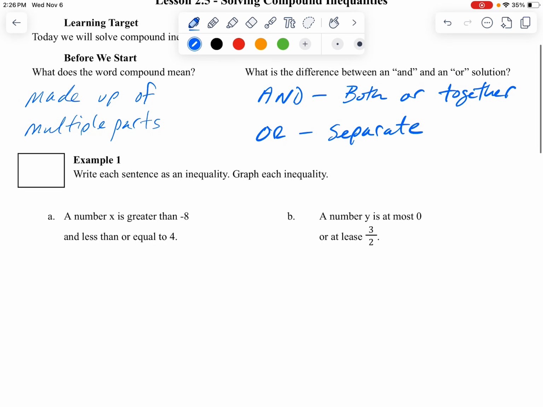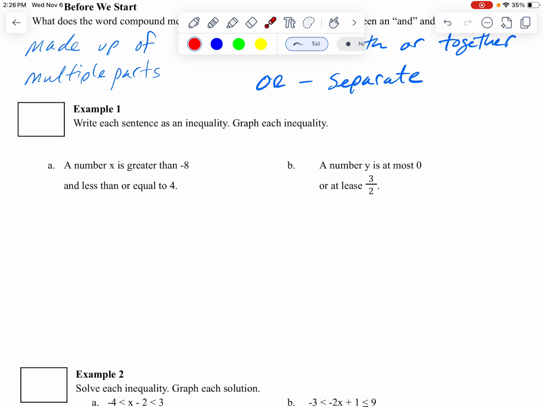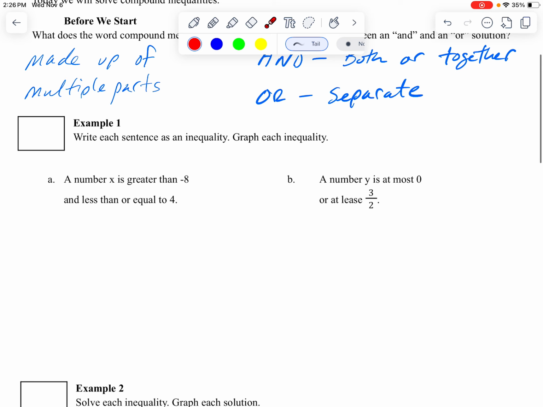So let's just jump in and look at a couple examples. We are going to be writing the inequalities and graphing. Part A: x is greater than -8 and less than or equal to 4. So that means it's both of these things together, right? It is bigger than -8 and it is less than or equal to 4.